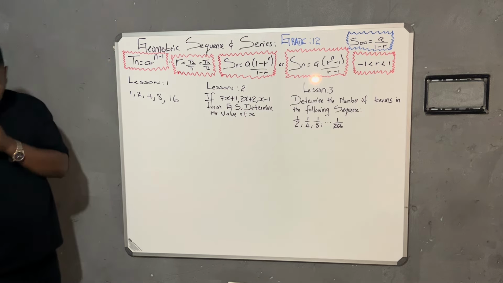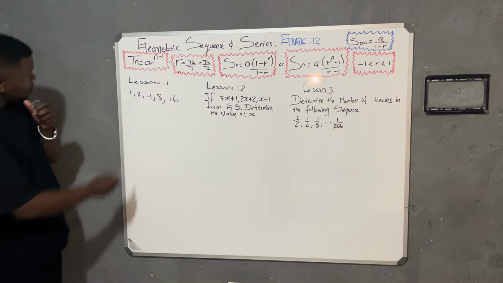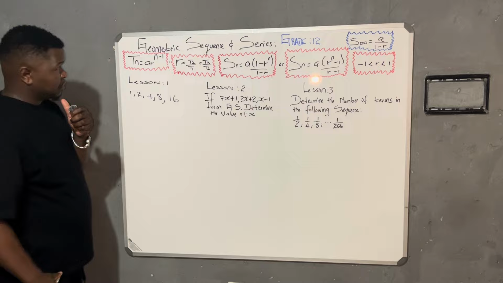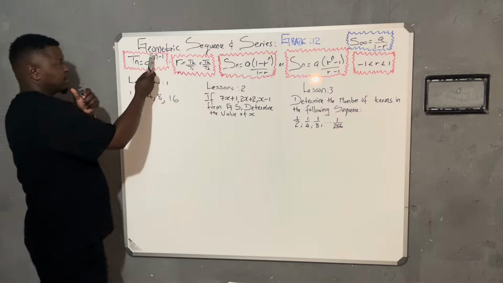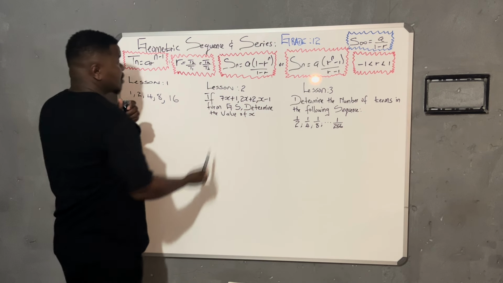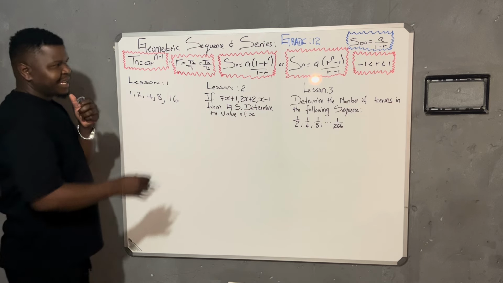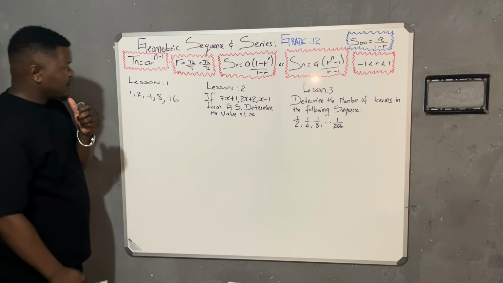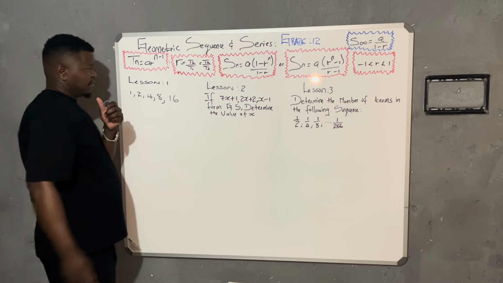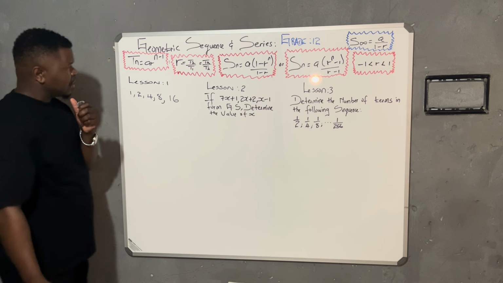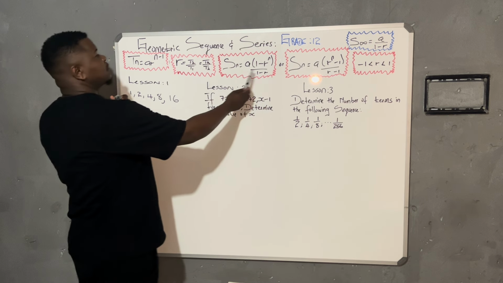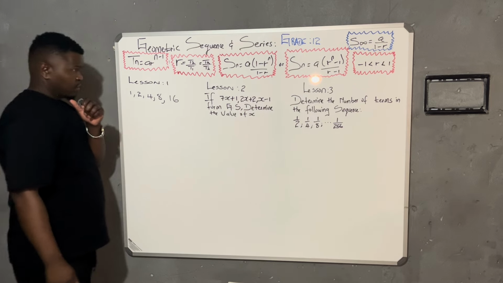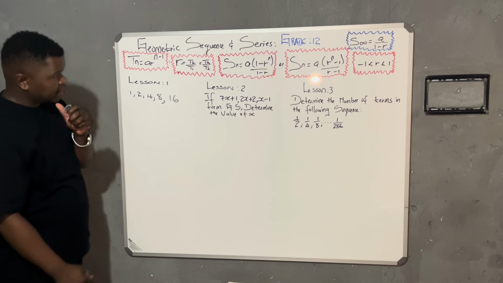So now let's focus on today's topic. As you can see, it's geometric sequence and series. You can think of anything. As you can see, the general term formula is there. We have a formula to determine the ratio. We also have two formulas that we use to find Sn, the sum of the series.